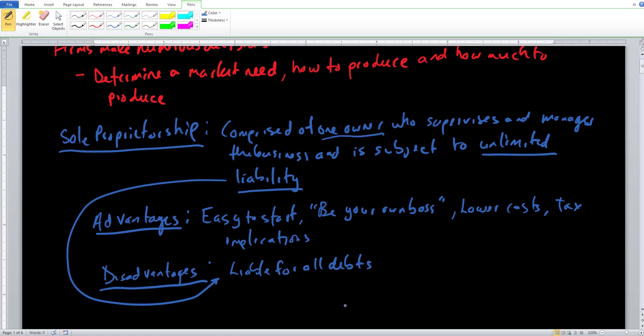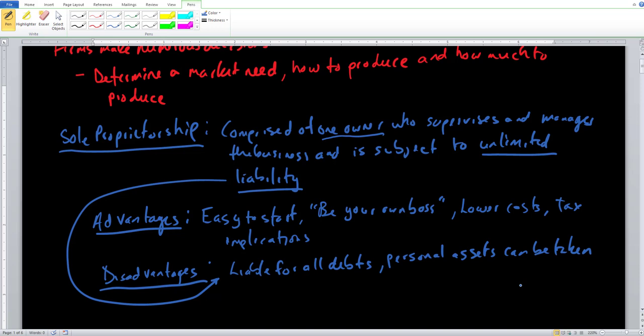And that just means not just for the business, but if your business can't cover these particular debts, the debtors can actually go ahead and pursue your personal assets as well under some circumstances. So we also notice that your personal assets can be taken.